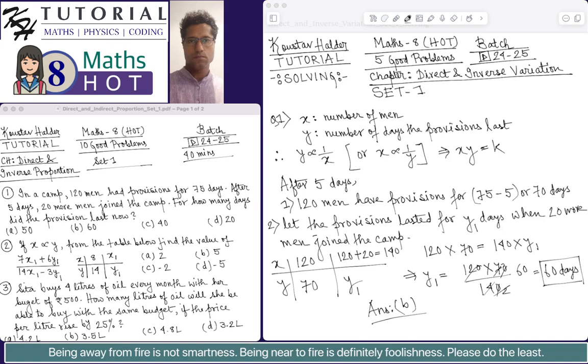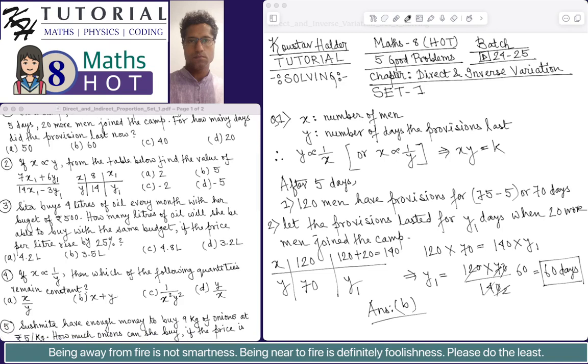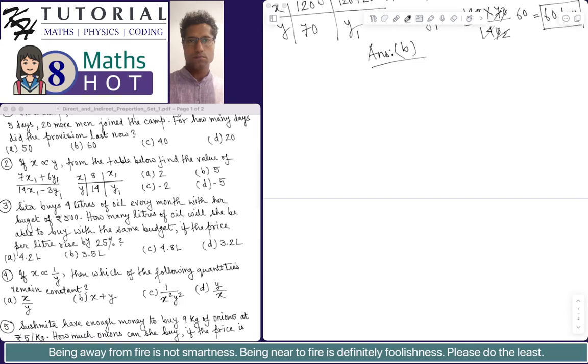Okay, let's do problem number 2. If x varies directly with y, this means that the quantities x and y are in direct variation.